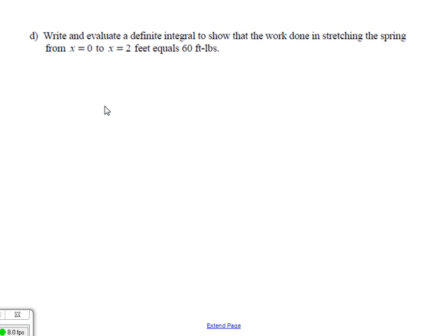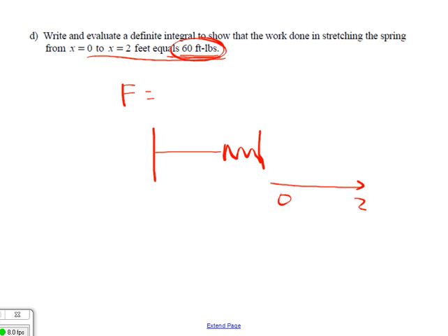But what we want to do is write and evaluate a definite integral to show the work done in stretching that same spring from 0 to 2 feet and show that it equals 60 foot-pounds. That's the measurement of the work. So again, for the force required to move that spring from 0 to 2, the force equaled 30x. And at any little sliver, if we call it dx, the force is 30x.